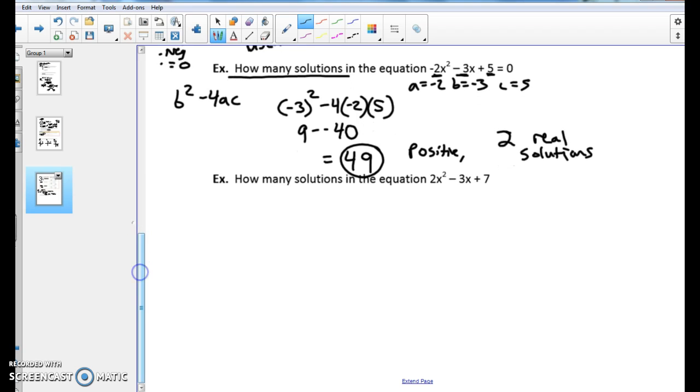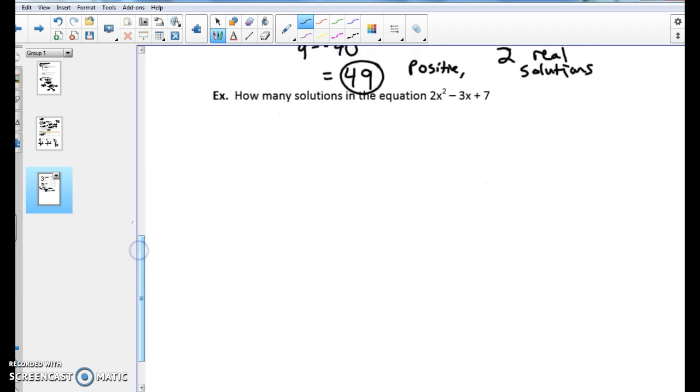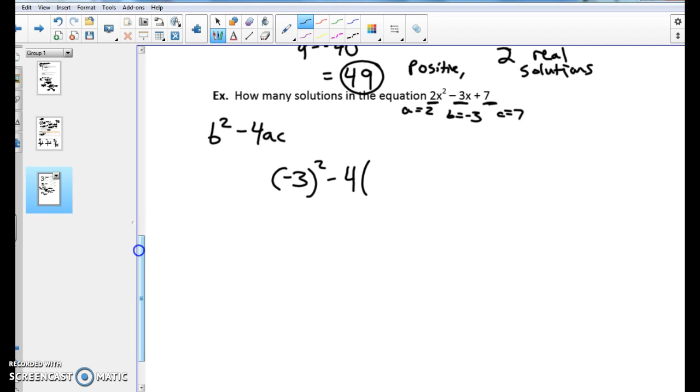And the last one here, how many solutions in the equation 2x squared minus 3x plus 7? Okay, so we want to plug it into the discriminant. My a value here is 2. My b value is negative 3. My c value is 7. So I'm going to get negative 3 squared minus 4 times a times c. 4 times 2 times 7.